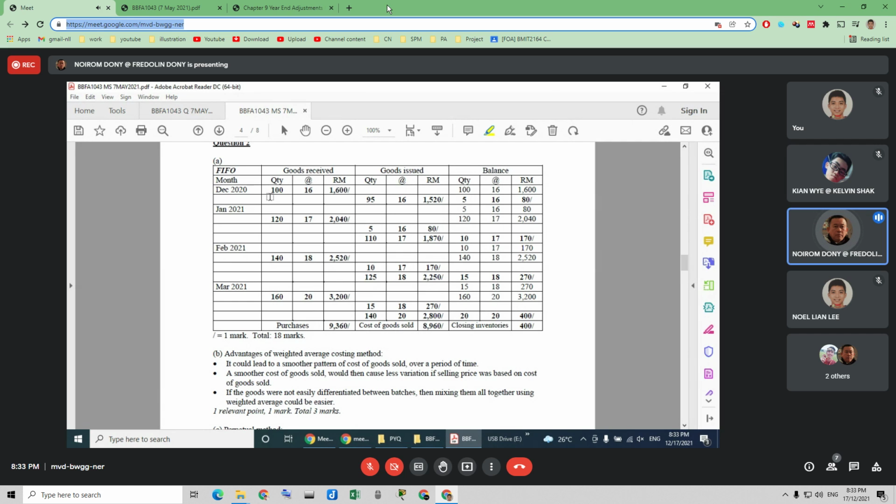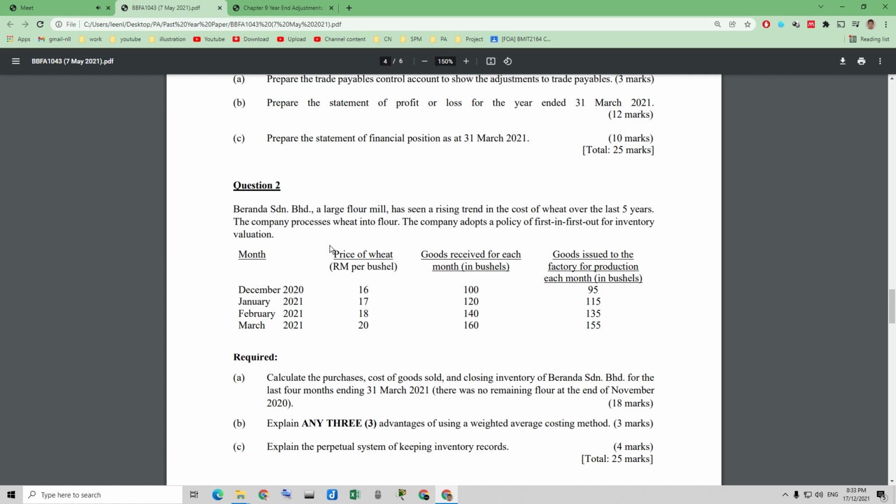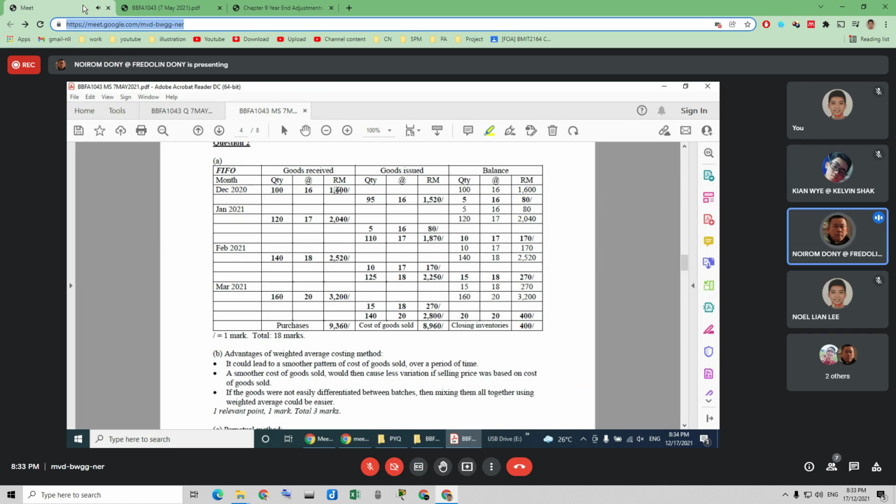So we record in goods received the quantity 100 and the value 1,600, which comes from the price of wheat, RM per bushel. So 16 per bushel and the quantity is 100 bushels. You multiply, then you get the value 1,600.